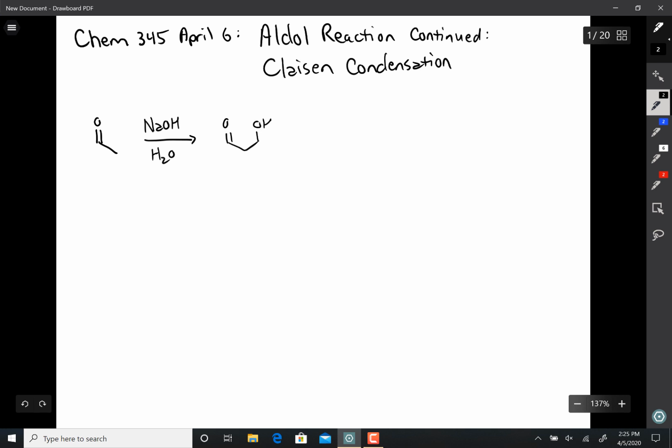And you end up getting the aldol product, which is a 3-hydroxycarbonyl. And this can also eliminate to form the aldol condensation product as well.